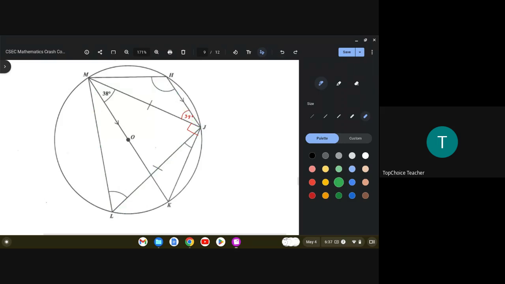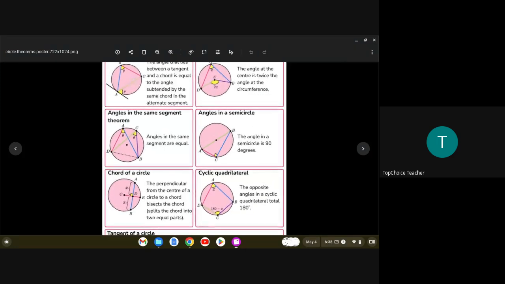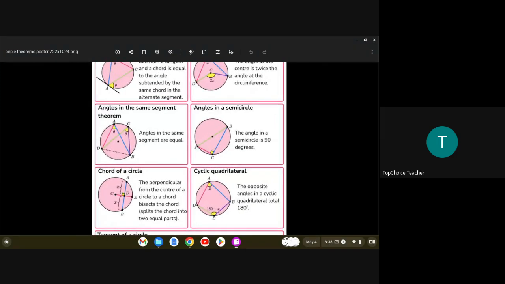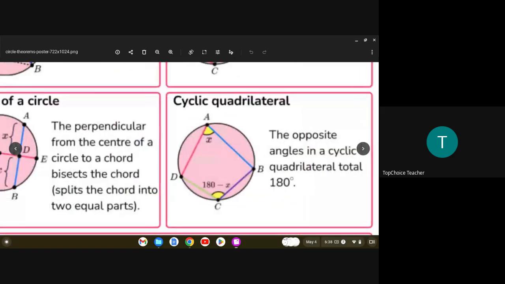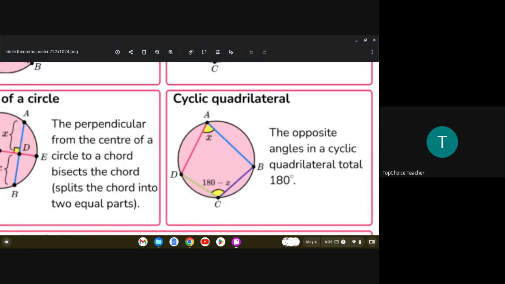There are 2 cyclic quadrilaterals here. So let's review what a cyclic quadrilateral is. Have you all ever heard of supplementary angles? Yes, sir. Basically, in a cyclic quadrilateral, opposite angles will add up to 180 degrees.